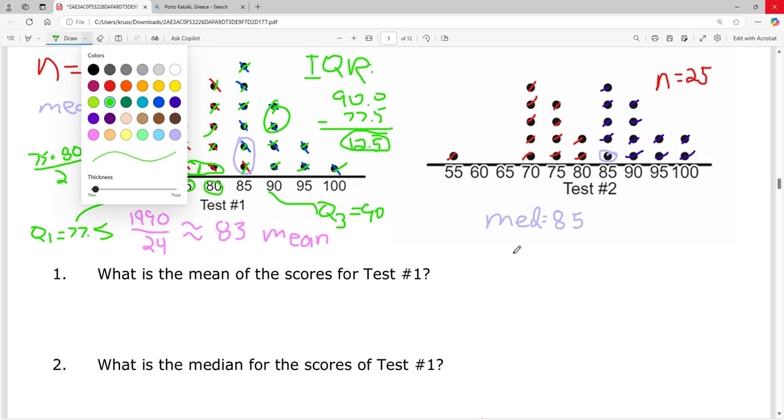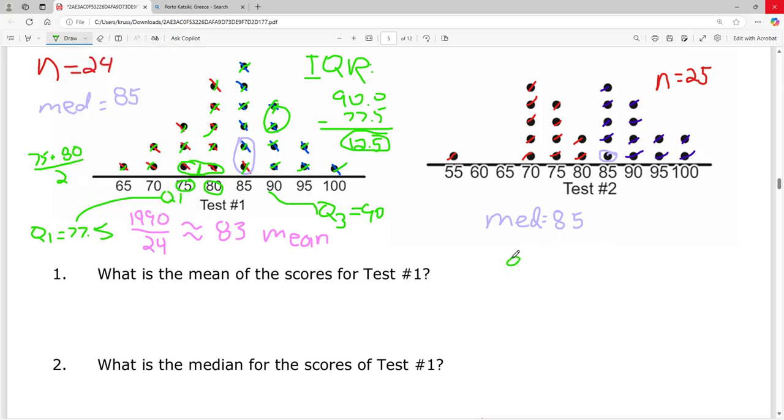Okay, let's do the quartiles. Quartile 1 is over here somewhere, and quartile 3 is over here somewhere. That's quarter 1, quarter 2, quarter 3, quarter 4, so the quartiles are up there. Now we're going to do the same process as before, except focusing on this side.